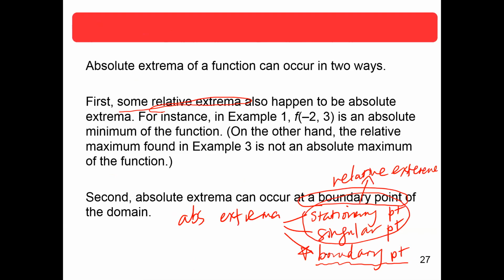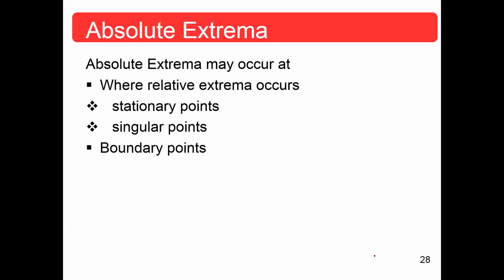However, sometimes the boundary points are very important because the absolute extrema may happen to occur on the boundary points, okay? Is that clear? So this is kind of like a summary. Absolute extrema may occur at stationary point, singular point. These two are both referring to the gradient of function f. And then boundary points, which, based on the definition, will be given.